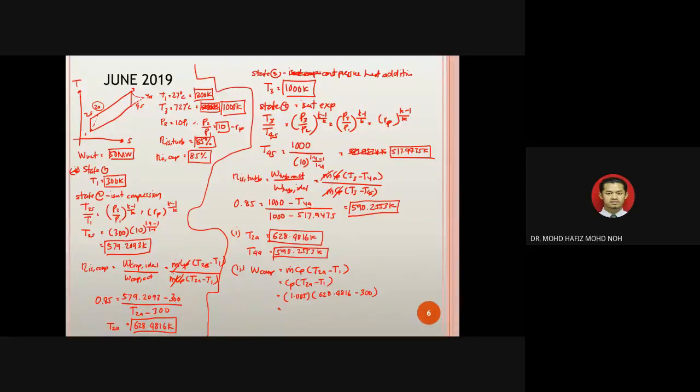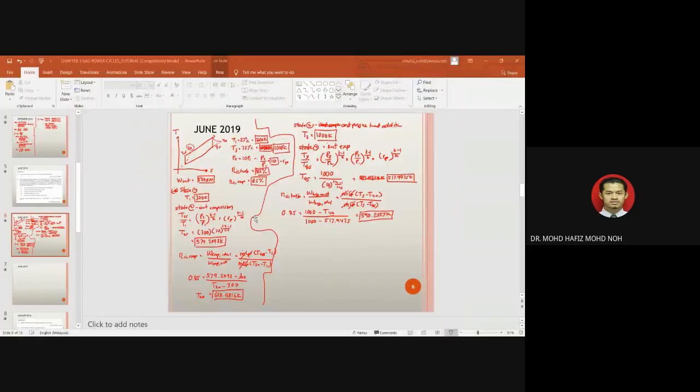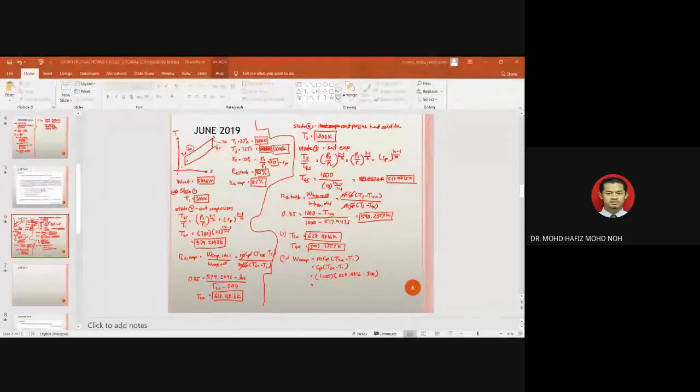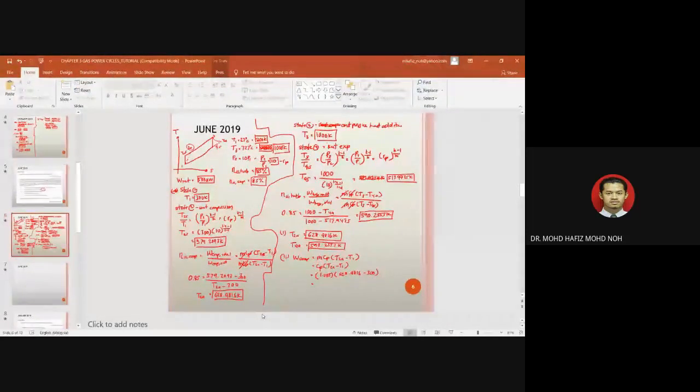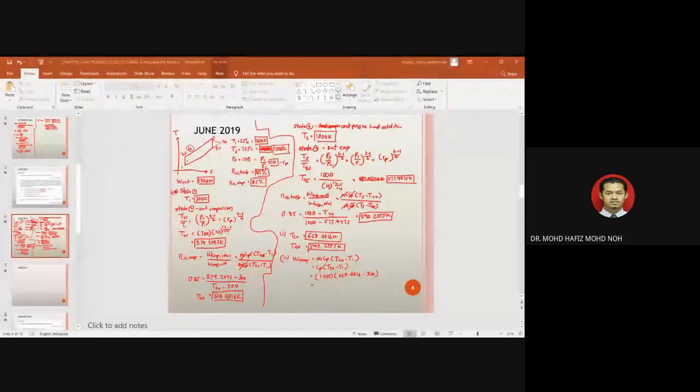Right, so let me check. So W compressor, we have 628.4816 and 300 Kelvin.